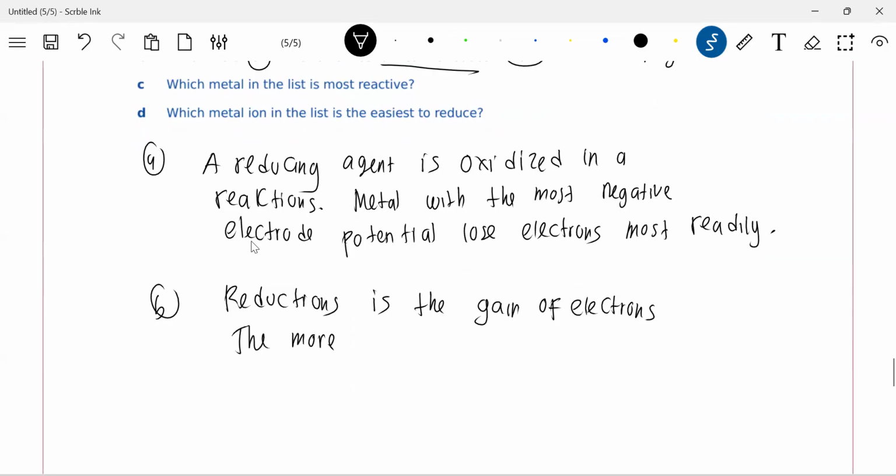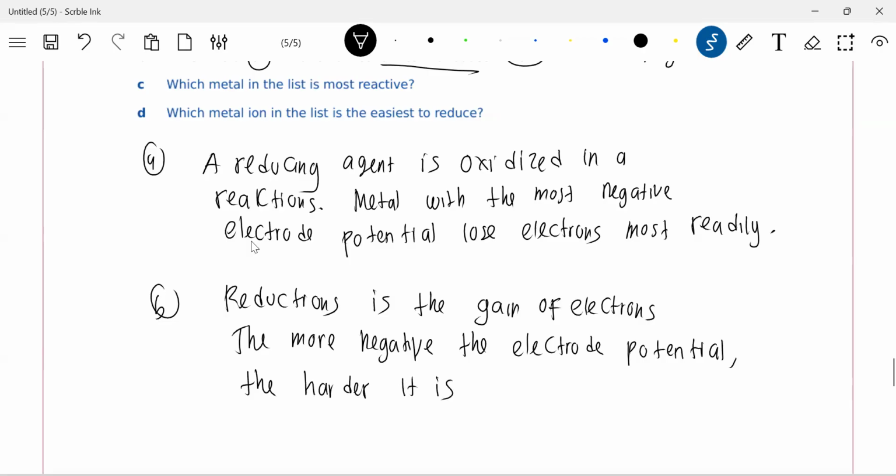The more negative the electrode potential, the harder it is for that ion to accept electrons and form the metal.